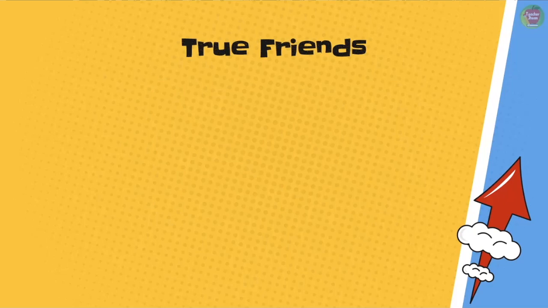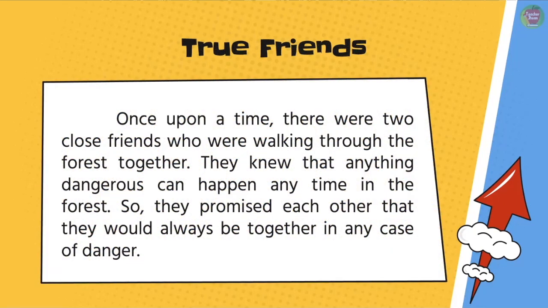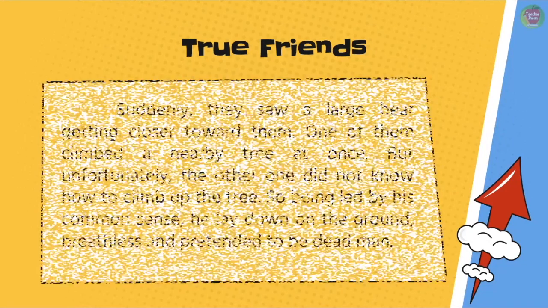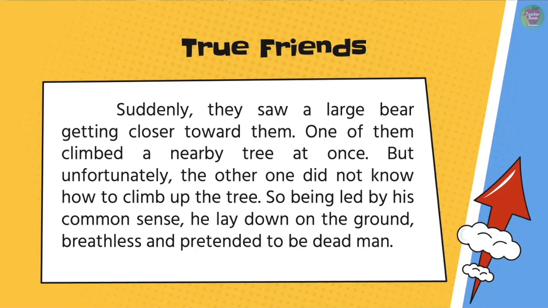True friends. Once upon a time, there were two close friends who were walking through the forest together. They knew that anything dangerous can happen anytime in the forest, so they promised each other that they would always be together in any case of danger. Suddenly, they saw a large bear getting closer toward them.